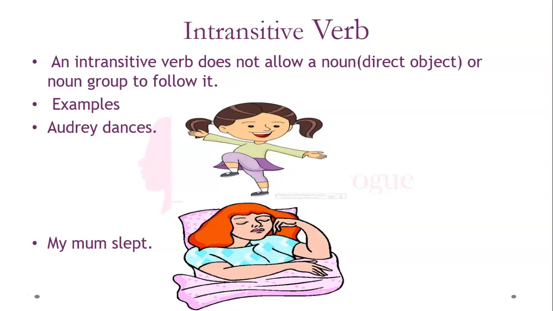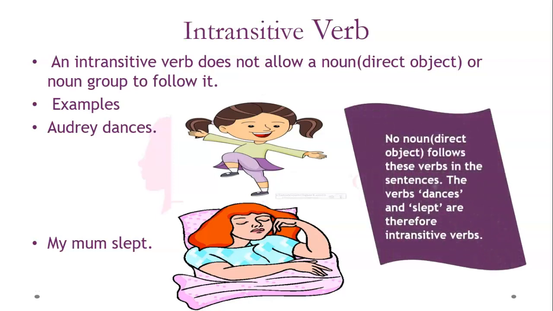No. So slept is an intransitive verb. So far we realize that no noun or direct object follows these verbs in the sentences we have here. That is, the verbs dances and slept do not have any noun group following them. They are therefore intransitive verbs. Great.